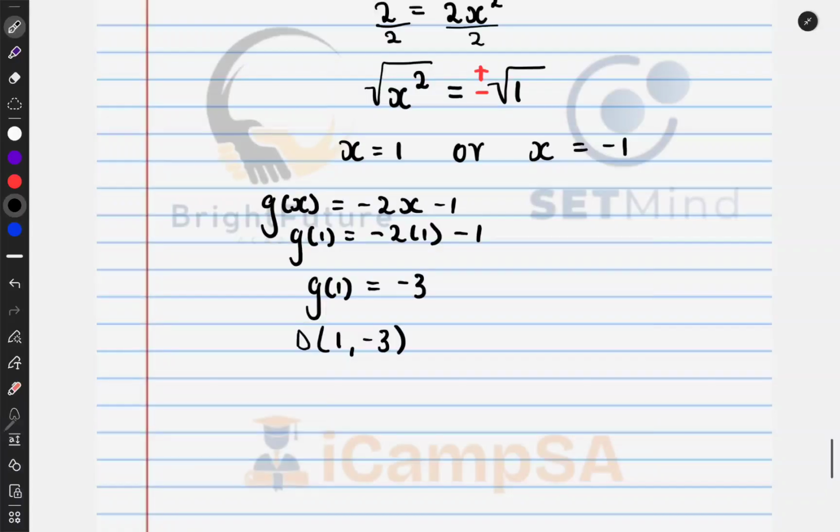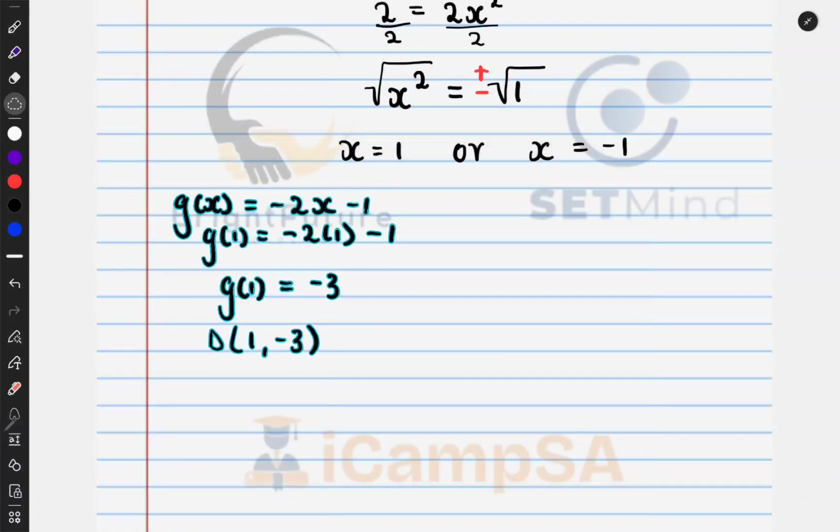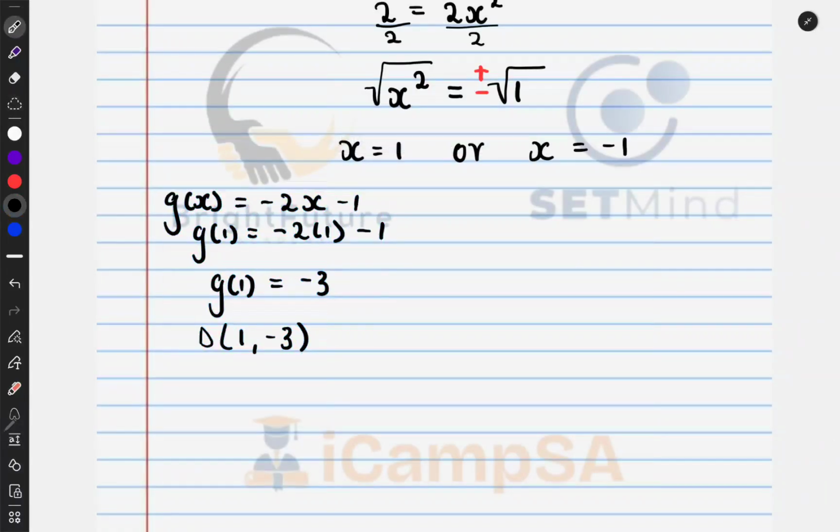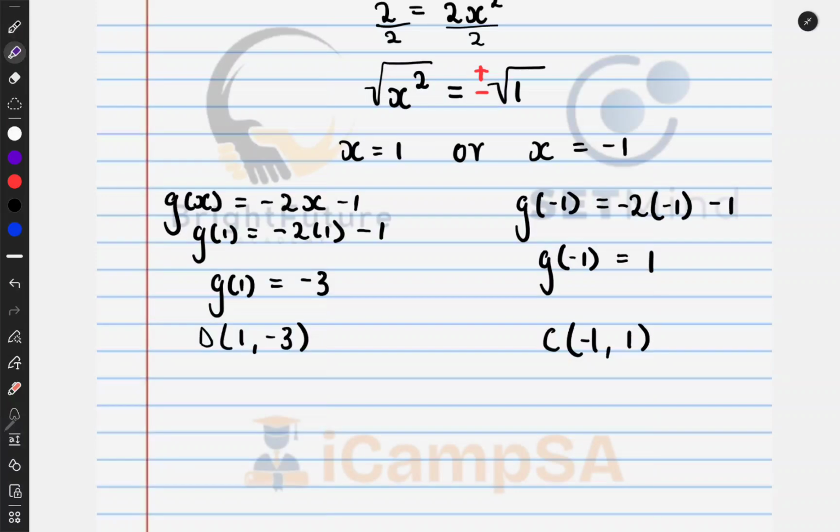And then next, let's substitute negative 1. So g at negative 1 is going to be negative 2 times negative 1 minus 1. Negative 2 times negative 1 is equal to positive 2, minus 1 is just going to be 1, of which will make the coordinates of C equal to negative 1 and positive 1.